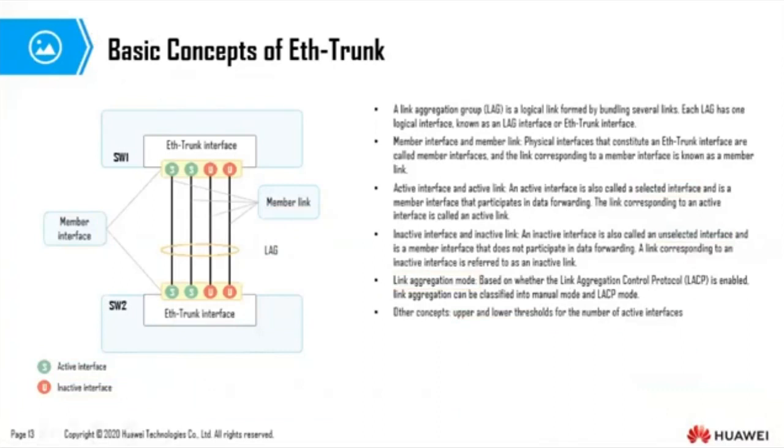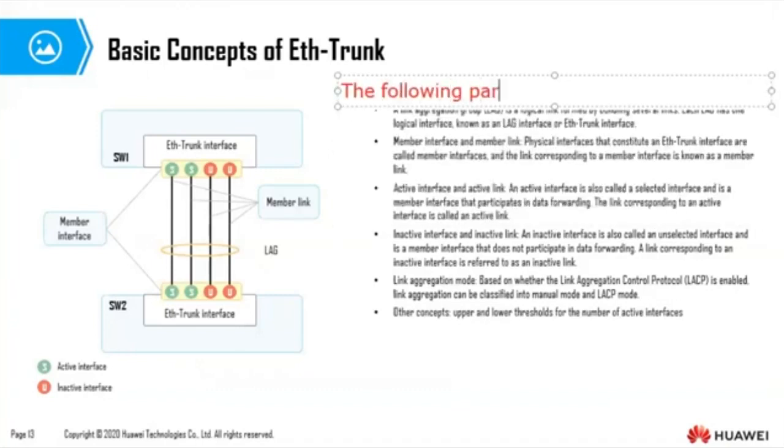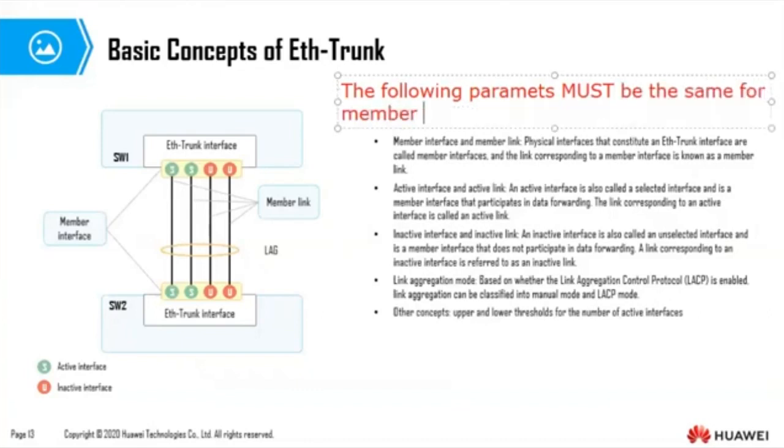Now, in order for an Ethernet trunk to work, there are parameters that need to match on both ends, on switch 1 and on switch 2. So the following parameters must be the same for member interfaces in an Eth trunk.